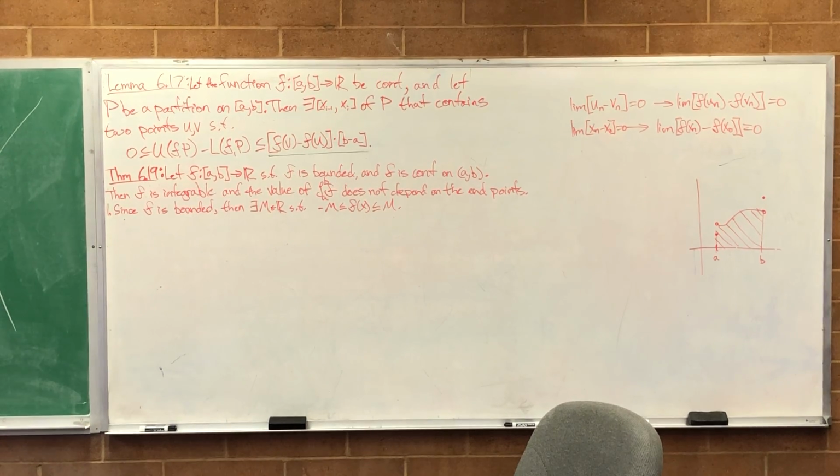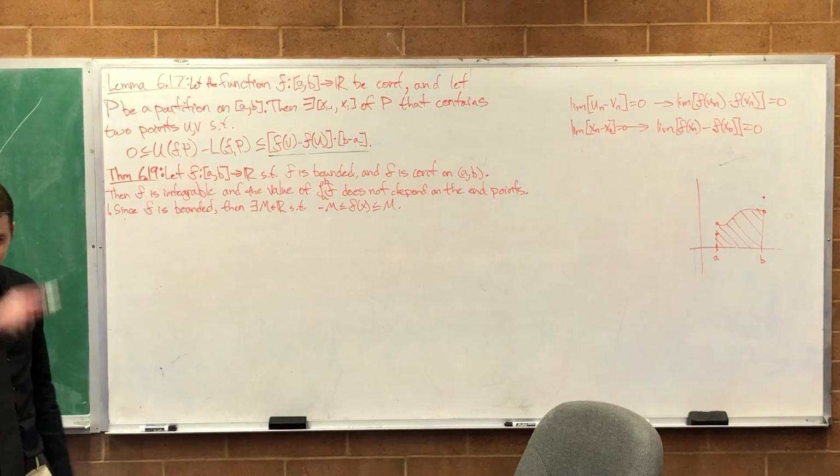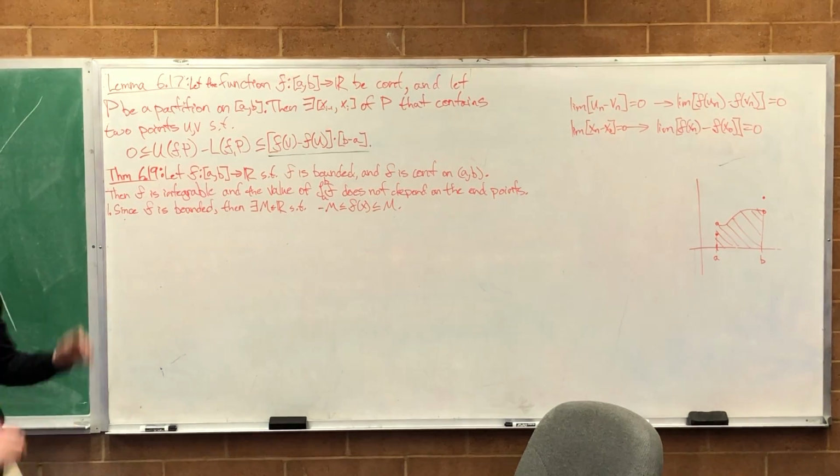If it's bounded, then we can sandwich the function from above and below by some big number M. So M is like the max. It doesn't have to be. We can go way past that. We don't need to try and find some really close M. We just need some big number.